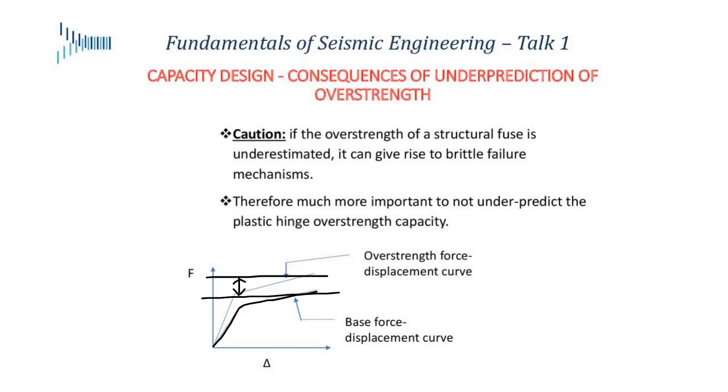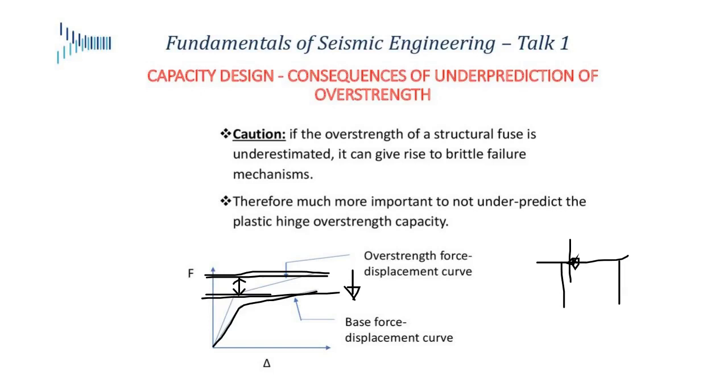If you think your structure's maximum force level is this much, but it actually is higher, and you have underpredicted it, what's going to happen? You may not have the flexural hinging that you expect. You may have some shear failure, or you may hinge the cap beam instead of hinging the column. Now, the beam will not have been detailed for any kind of ductility.